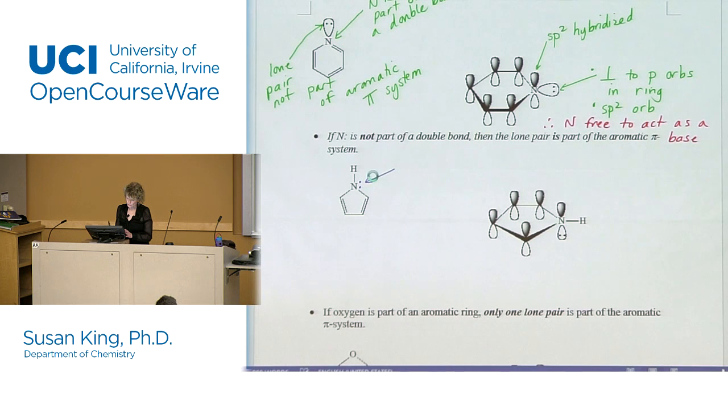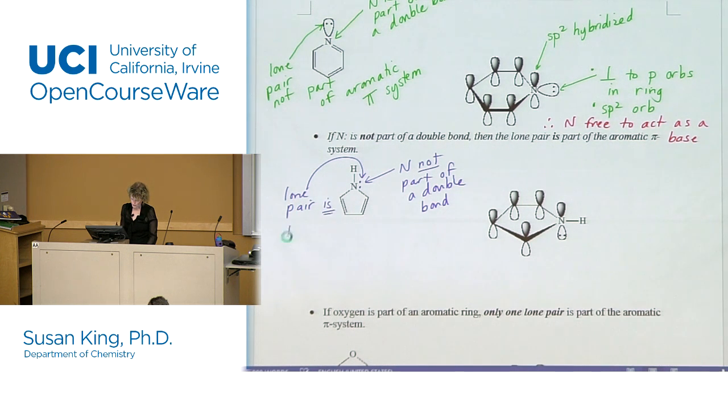So nitrogen is not part of a double bond. Or certainly before we rehybridize it, it's not part of a double bond. And so therefore the lone pair is part of the aromatic pi system.